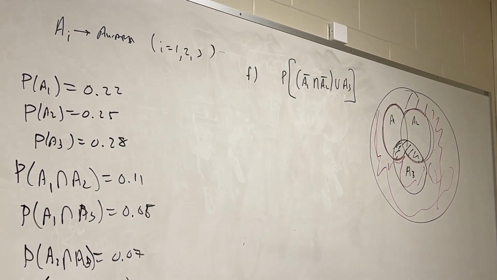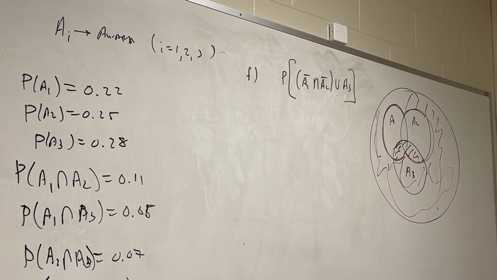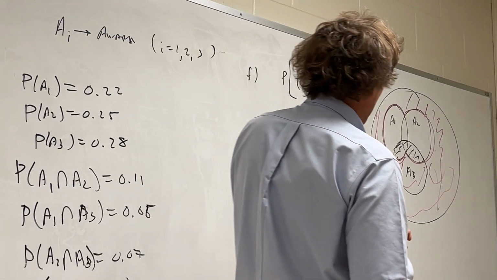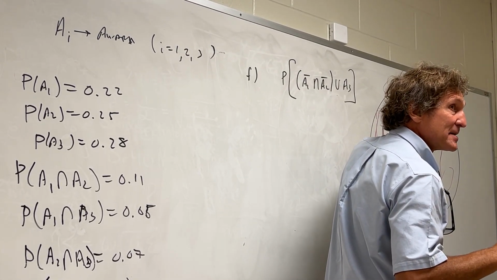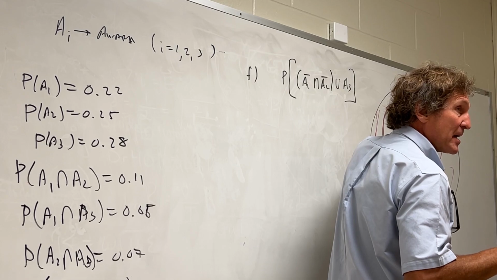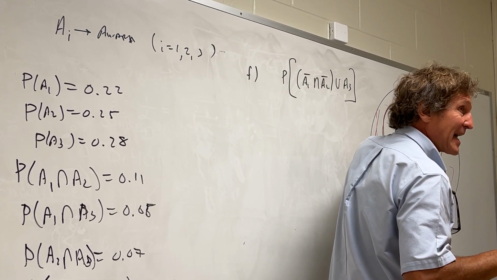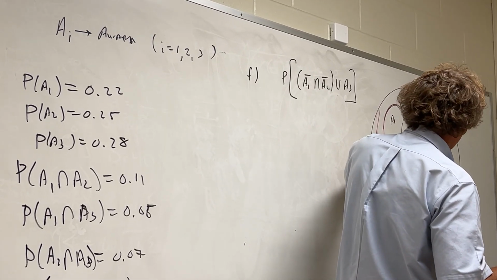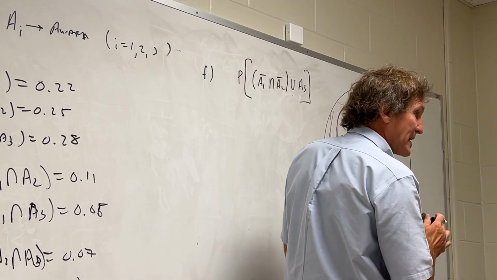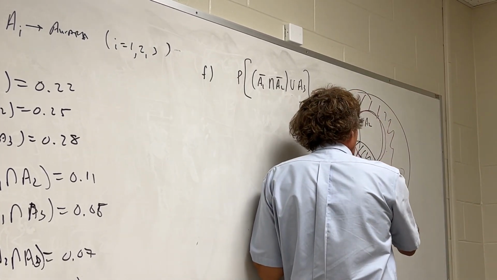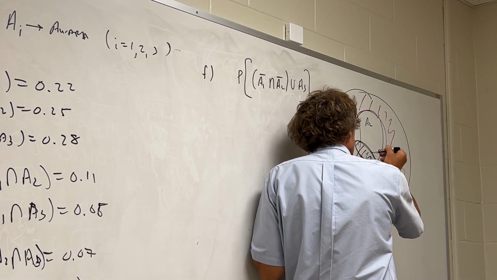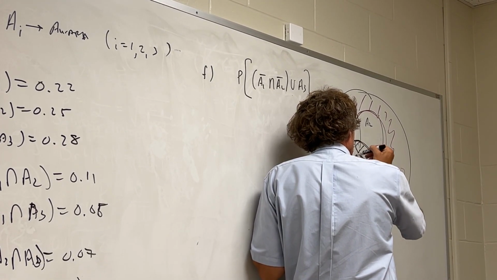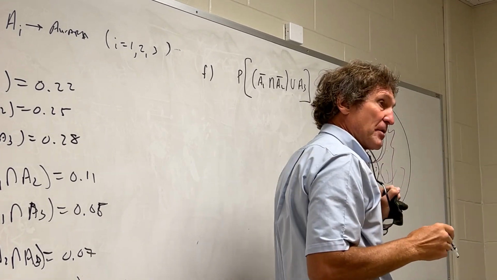This one's tricky. The not part says anything but these two, so you can almost erase that. But then it says union A3. A3 is included right here, but A3 is also here, here, and here. So we have to add this and then subtract that. Do you all agree with that, class?